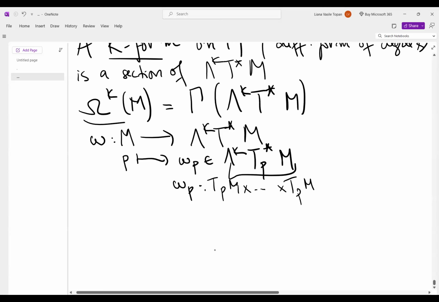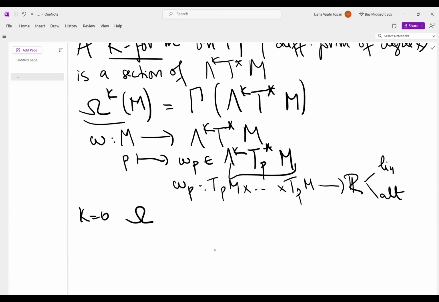This is what we started with, linear and alternating. Now, if k is equal to 0, then omega 0 of M is the set of smooth functions on M.